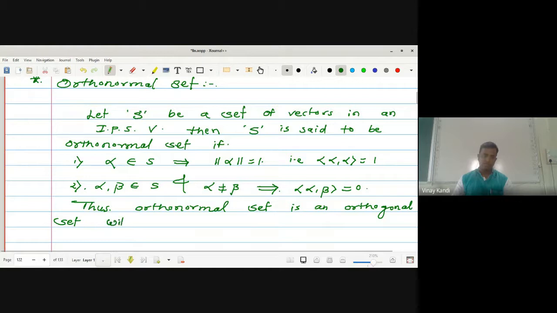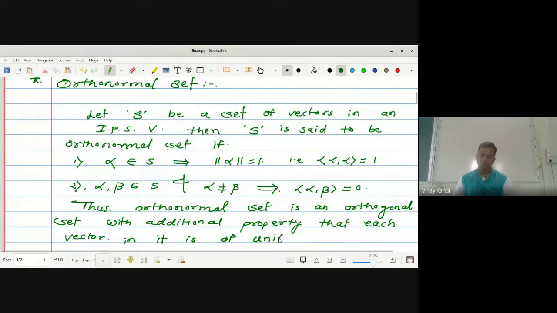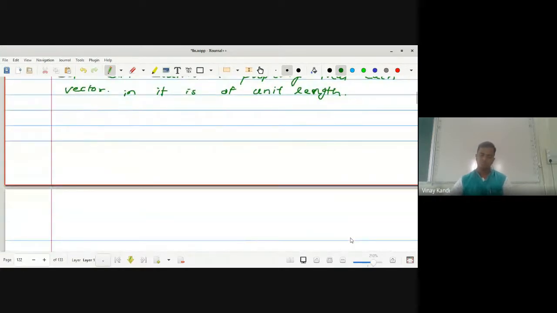With the additional property that each vector in it is of unit length. Okay, is it correct? Of length 1. Okay, and what is the note?